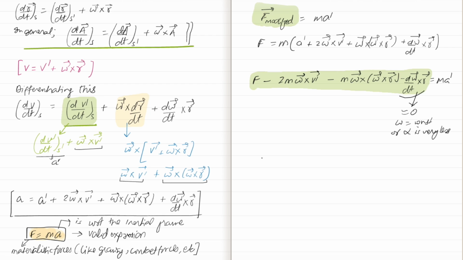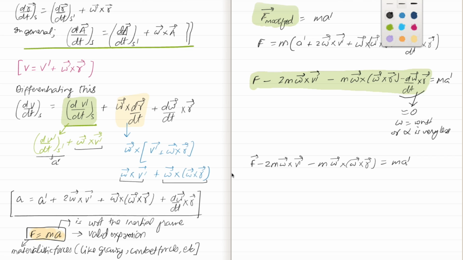So we are just left with F, these are the materialistic forces, minus 2m omega cross v dash vector minus m omega cross omega cross r vector is equal to m a dash.